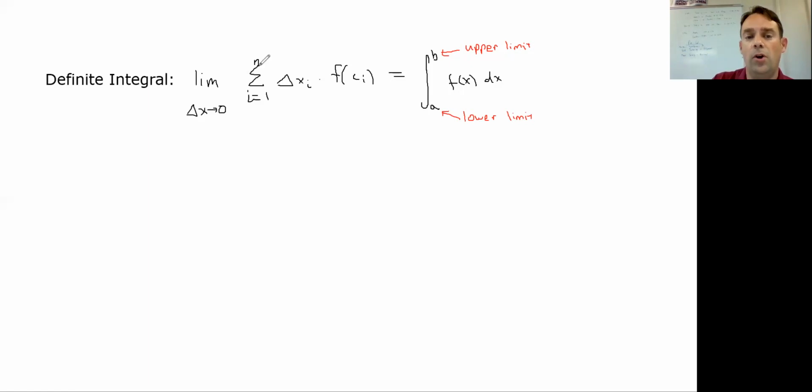a definite integral. So for instance, say I give you a function like this. We'll let this be y equals the square root of x. And we're going to do this from 1, 2, 3, and 4.